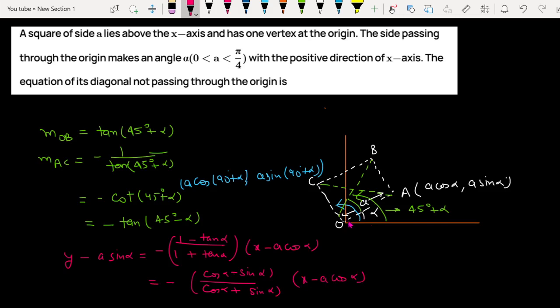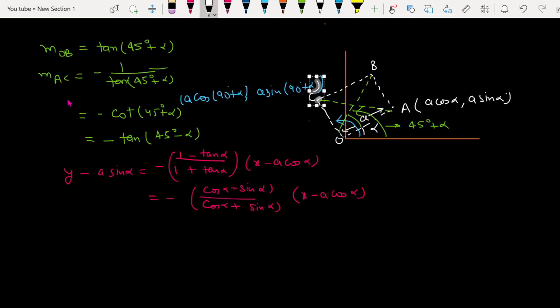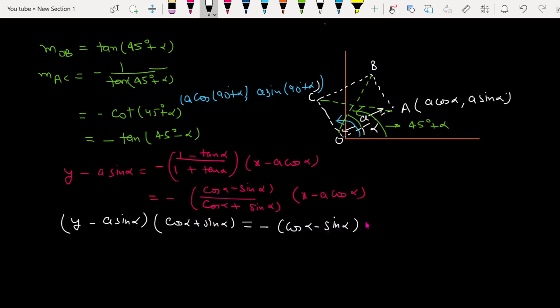Now we can cross multiply the things, right? So if I cross multiply, I'll get (y minus A sin alpha) into (cos alpha plus sin alpha) equal to minus of (cos alpha minus sin alpha) into (x minus A cos alpha).